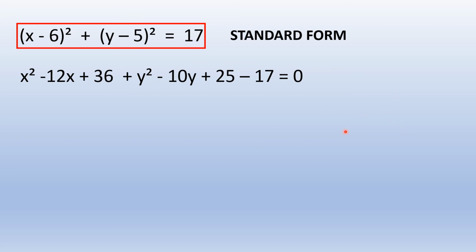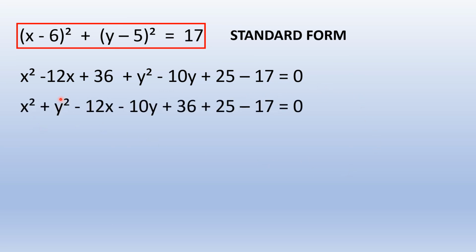Simplifying, ayusin natin siya. Yung mataas muna ang exponent, x squared plus y squared. Tapos yung negative 10x at yung negative 12y. Ito na lahat ng constant number: 25, 36, and negative 17.